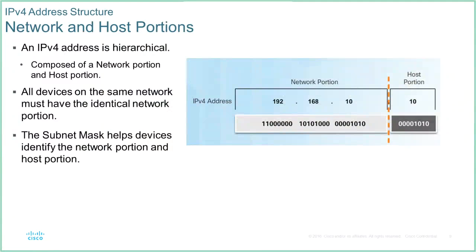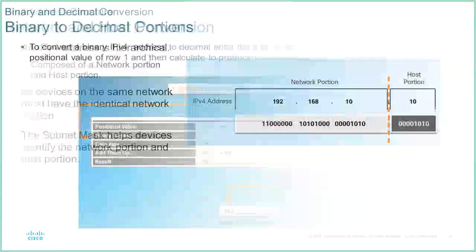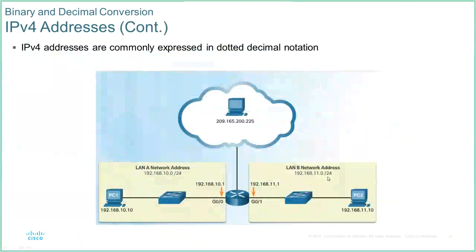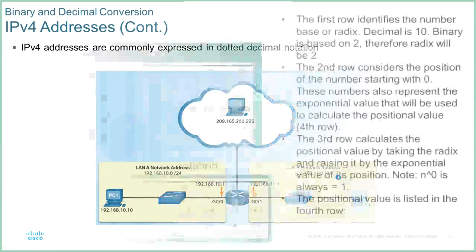Okay, so IPv4 addressing is divided, like any addressing, between the portion that represents the network and the portion that represents hosts. Now, going back to our first example here, we have a /24 network, which means the first 24 bits represent the network, and the last 8 bits will represent the host.